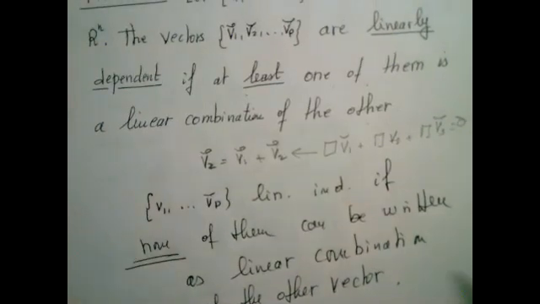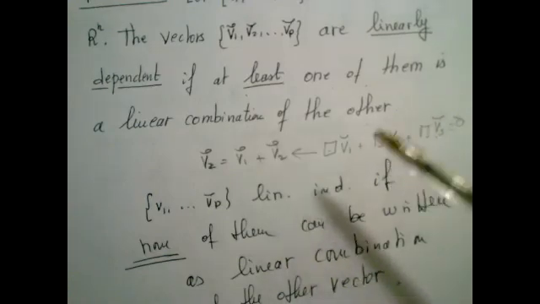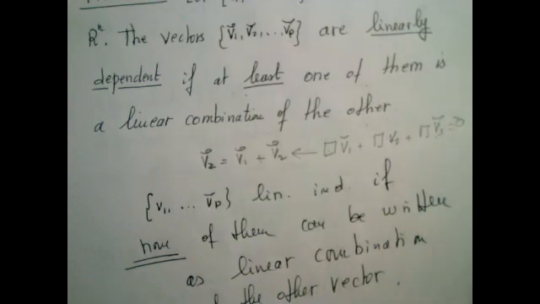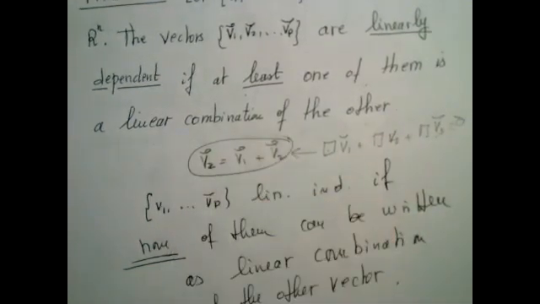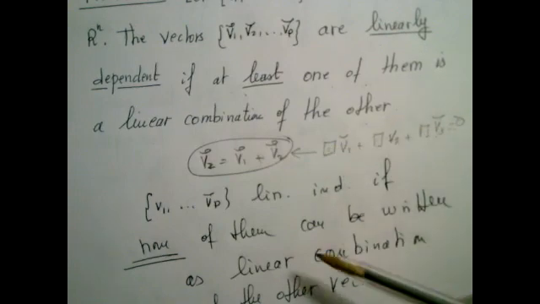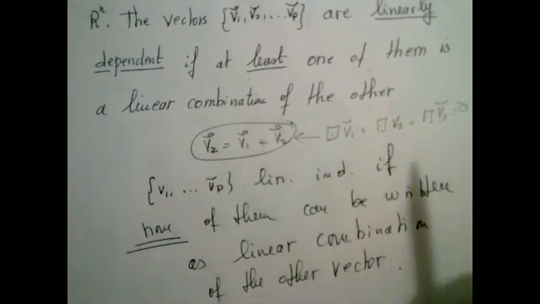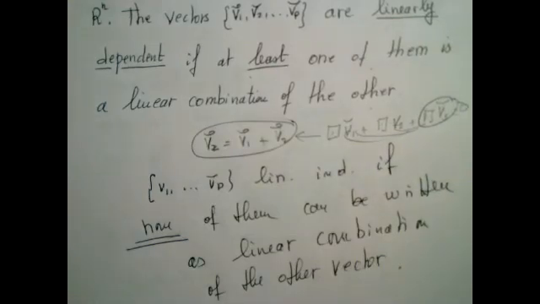All right? So, solving this equation will allow me to check whether I can express one as a linear combination or I cannot. If I can find those non-zero weights, I can do it. If there is only the zero solution, there is no way I can do it. And that's what linear independence is really telling us. There is no way I can get one as a combination of the others.